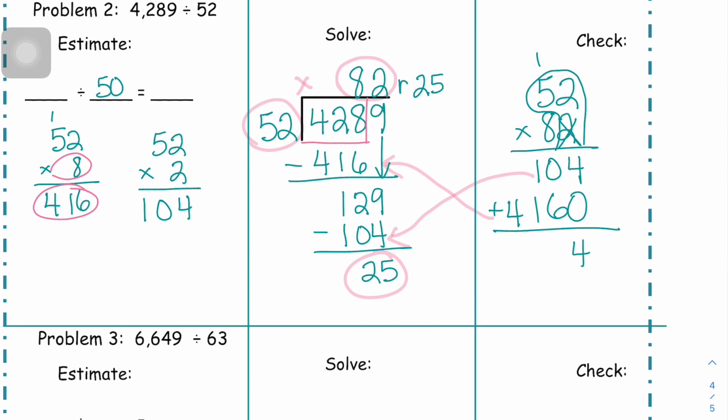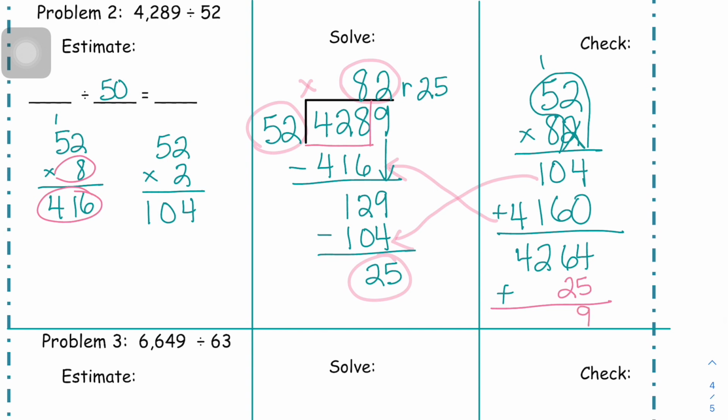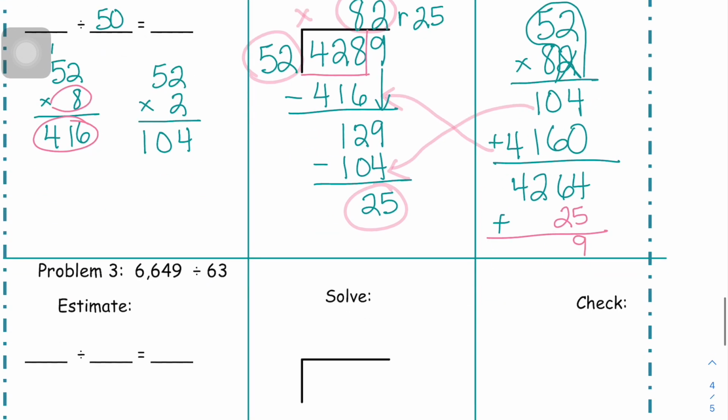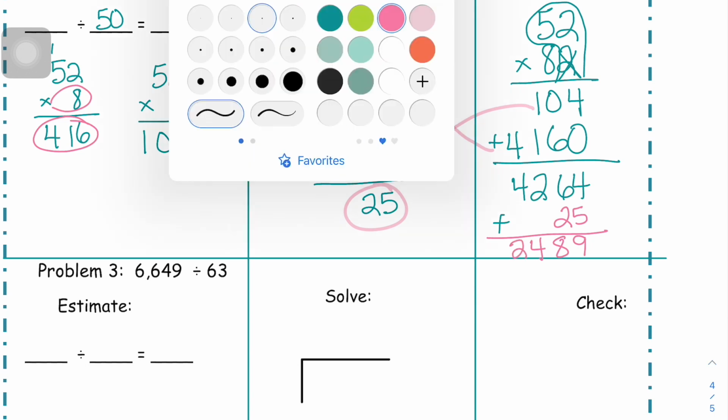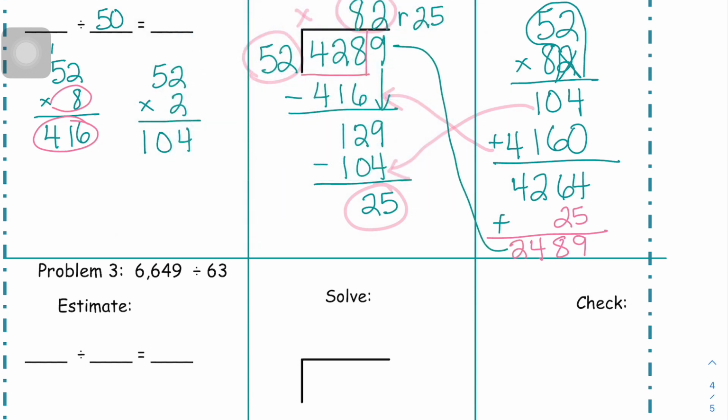Now if I add it up, hopefully I'm not making any mistakes, and I add my remainder, $4,289, and that's the number I started with.